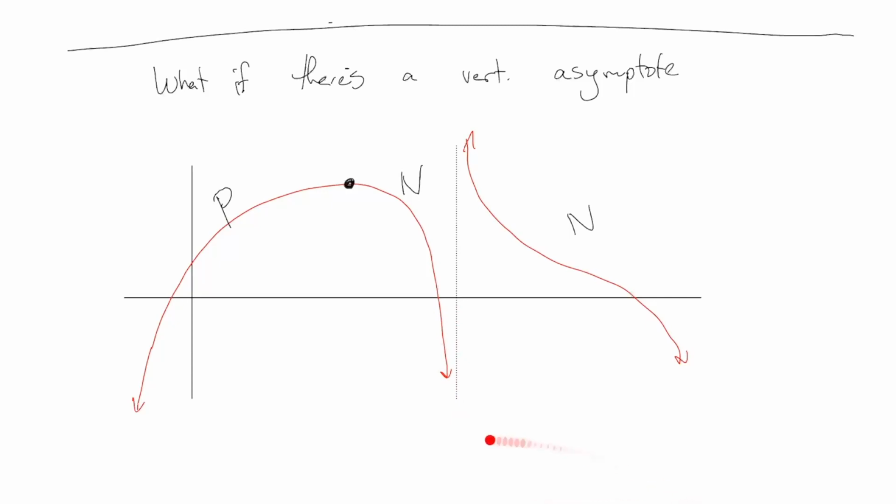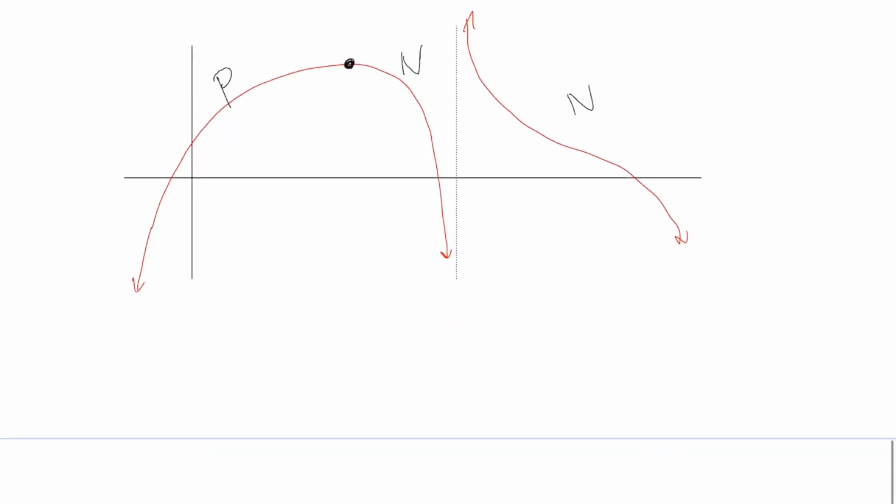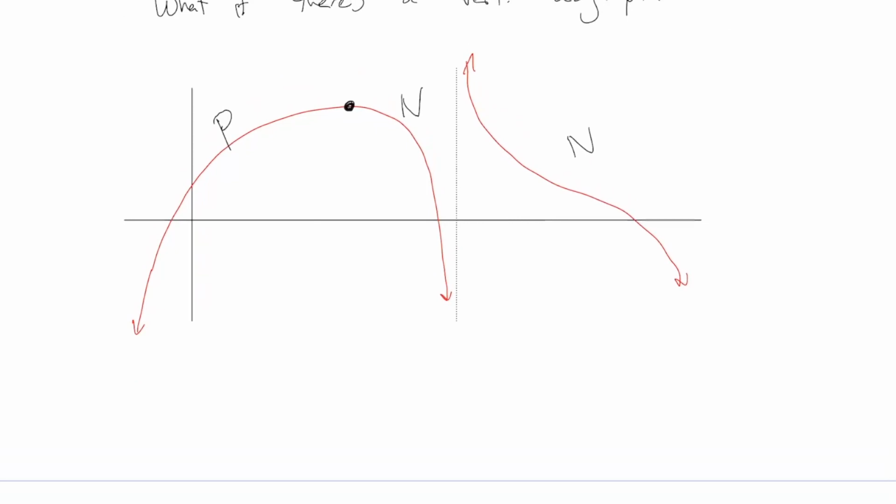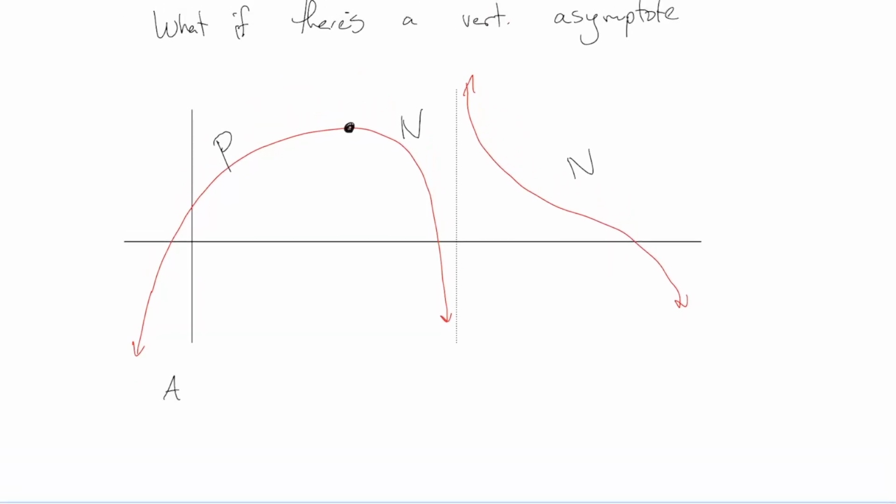What that means is when I draw my picture down here, my picture of the slopes will also have a vertical asymptote in the same place. And so this is the basic observation that lets you do these kinds of problems. A vertical asymptote in f of x makes a vertical asymptote in f prime of x at the same spot.